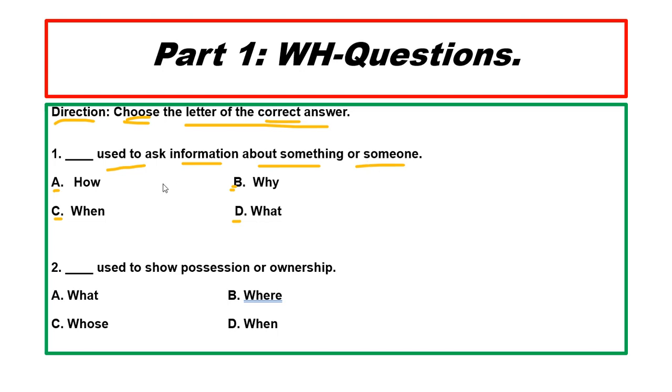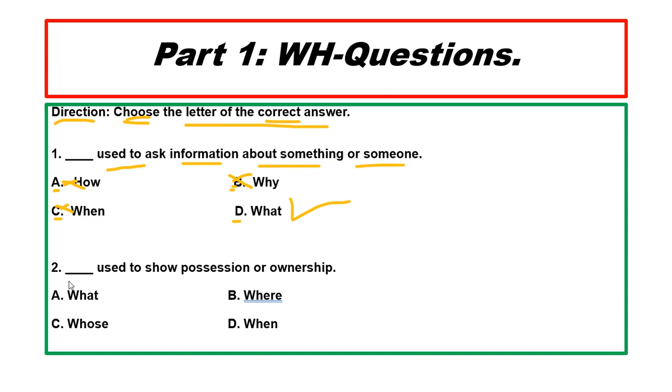Letter A, no. Letter B, why? Of course not. Letter C, when? Of course not. Letter D, of course, what. What is your name? What is this? What are you doing?